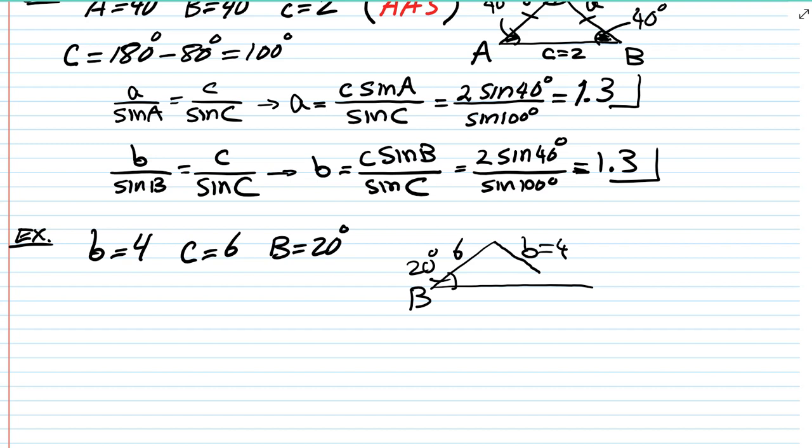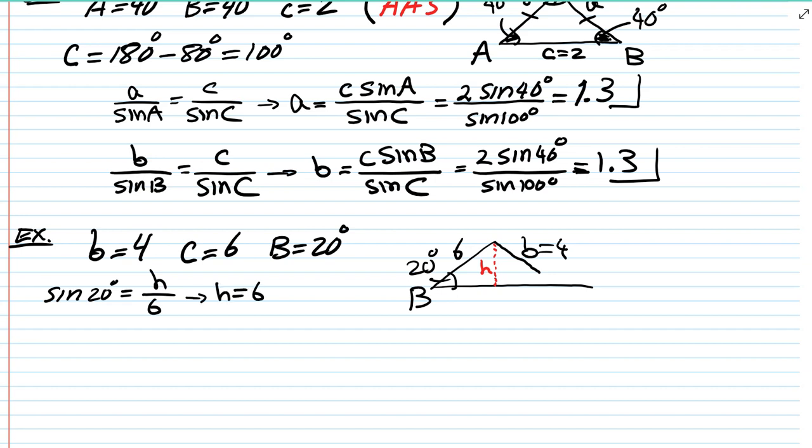Again, b is 4, which is less than 6. Now the question is, do I meet the minimum tolerance? Remember, in order to have at least a right triangle, the minimum tolerance is h, to even have a triangle. So I need to determine the value of h, and we're going to use sine of 20 degrees, which is h over 6, opposite over hypotenuse.